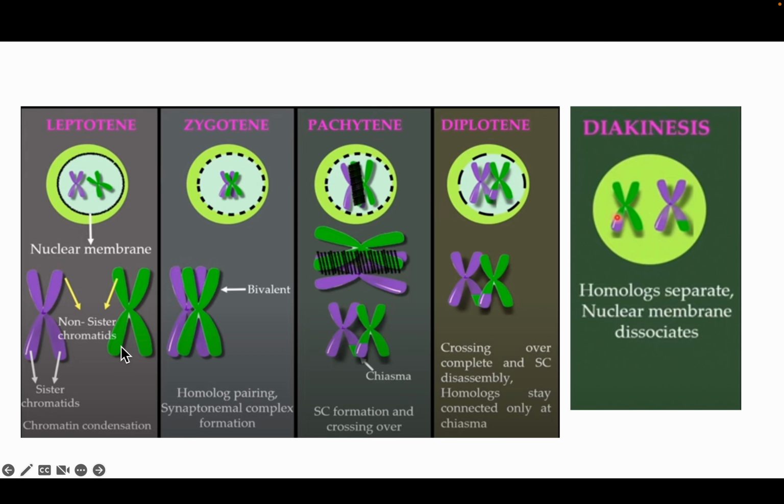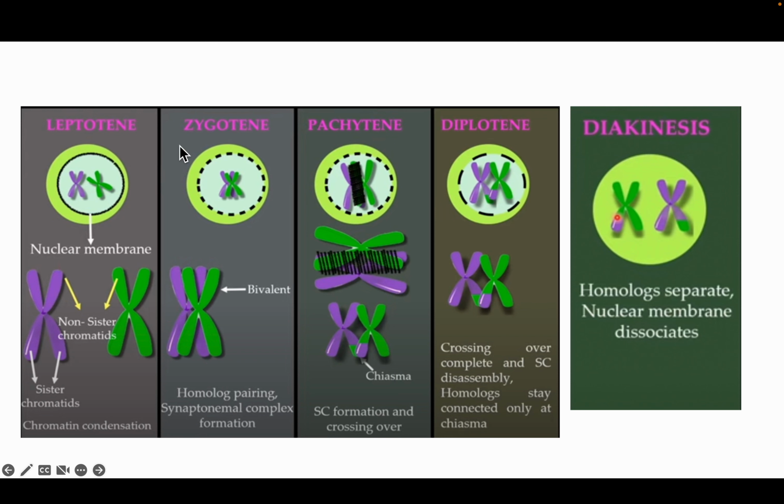Those are homologous chromosomes, and in one chromosome you can see two chromatids, those are sister chromatids. But across the homologous pair, those chromatids are called non-sister chromatids. This will be important in understanding the later stages.